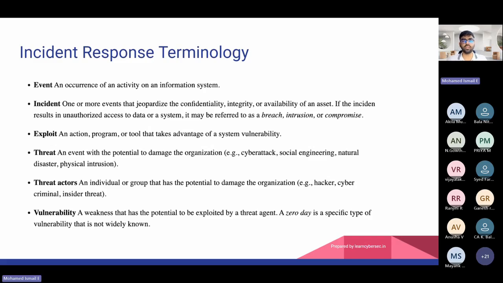So each and every moment when you operate something on the devices or systems, an event gets created.